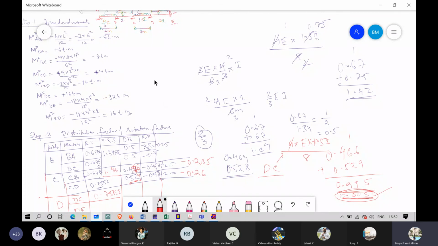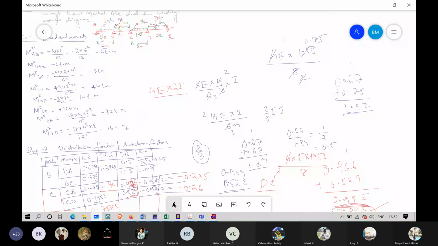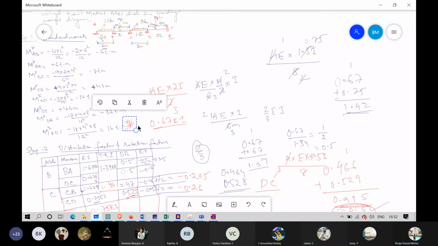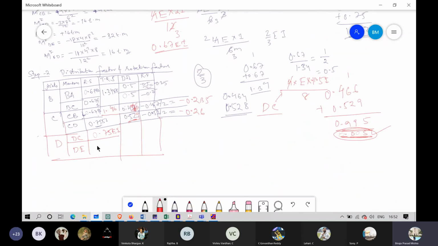DE will be 4 E into 2I divided by L, which is 12 meters, so 0.67 EI.